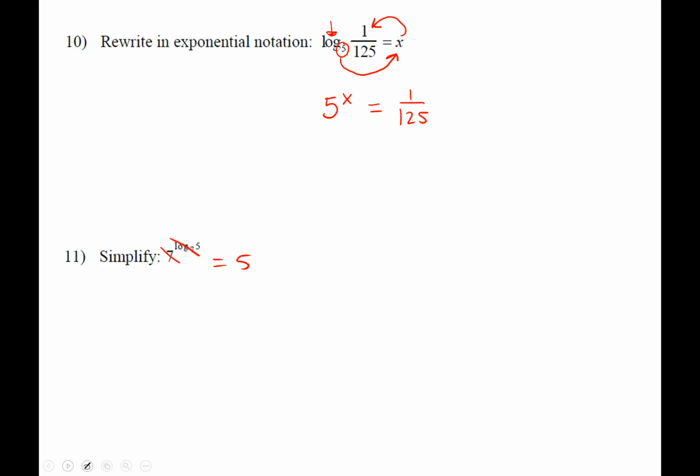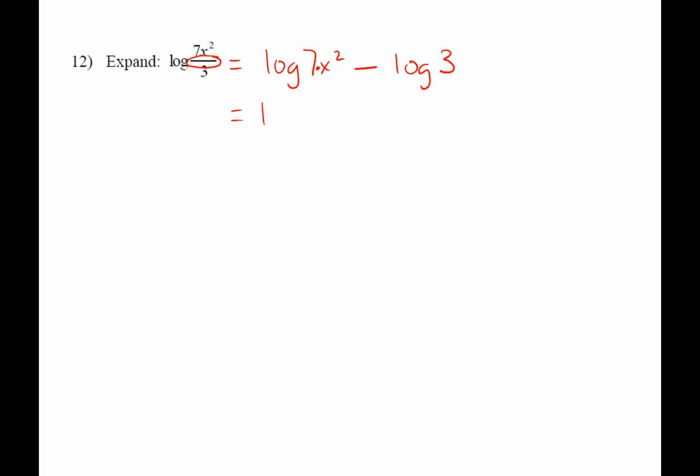All right, expand. This one, since our overall fraction right here, it means division. Division turns into subtraction. So I would have log 7x squared minus log 3. So we change that division into 2 subtracted logs. Then we have multiplication in that first log. Multiplication will turn into addition. So log 7 plus log x squared minus log 3.